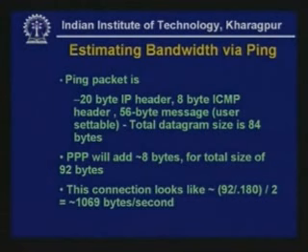So this gives you some idea about what kind of bandwidth you are having. In this particular case the bandwidth is not that much, only about 1069 bytes per second. This is a very crude estimate, but you can get some kind of feel about your immediate locality.